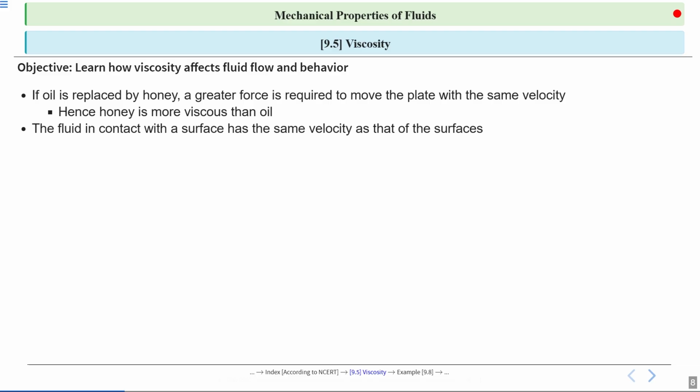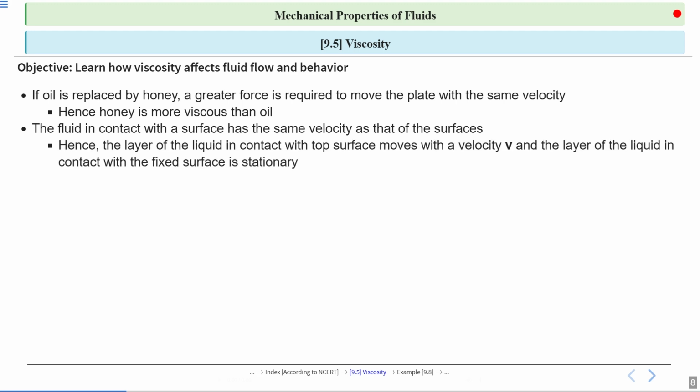So the fluid that touches a surface actually moves at the same speed as that surface. This is called the no slip condition. For example, if the bottom surface is fixed, the fluid touching it does not move at all, while the fluid touching a moving plate moves with the plate.